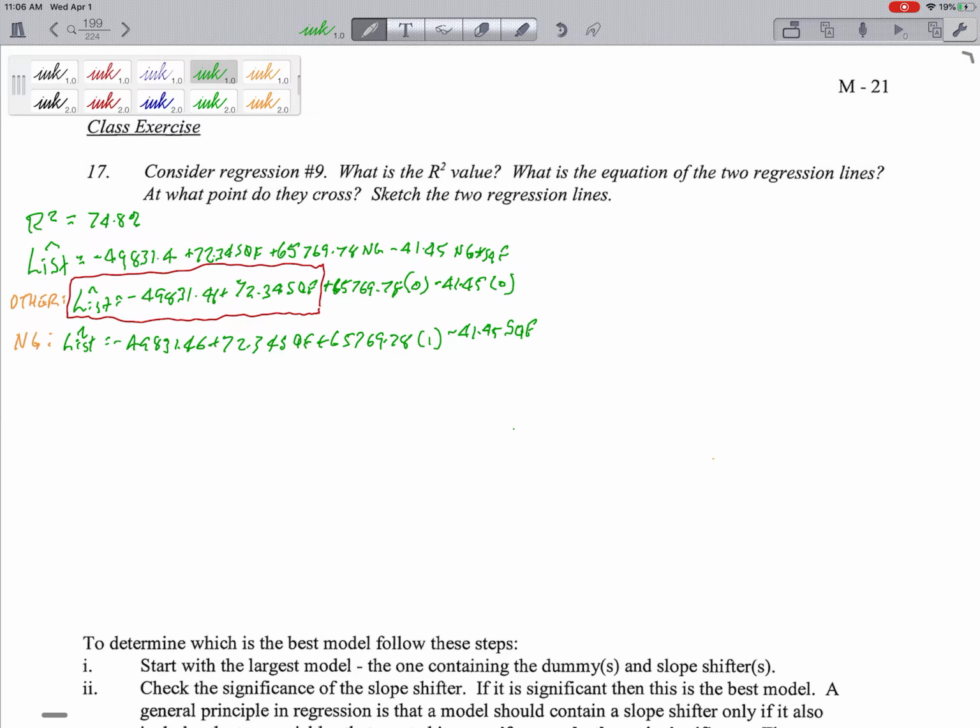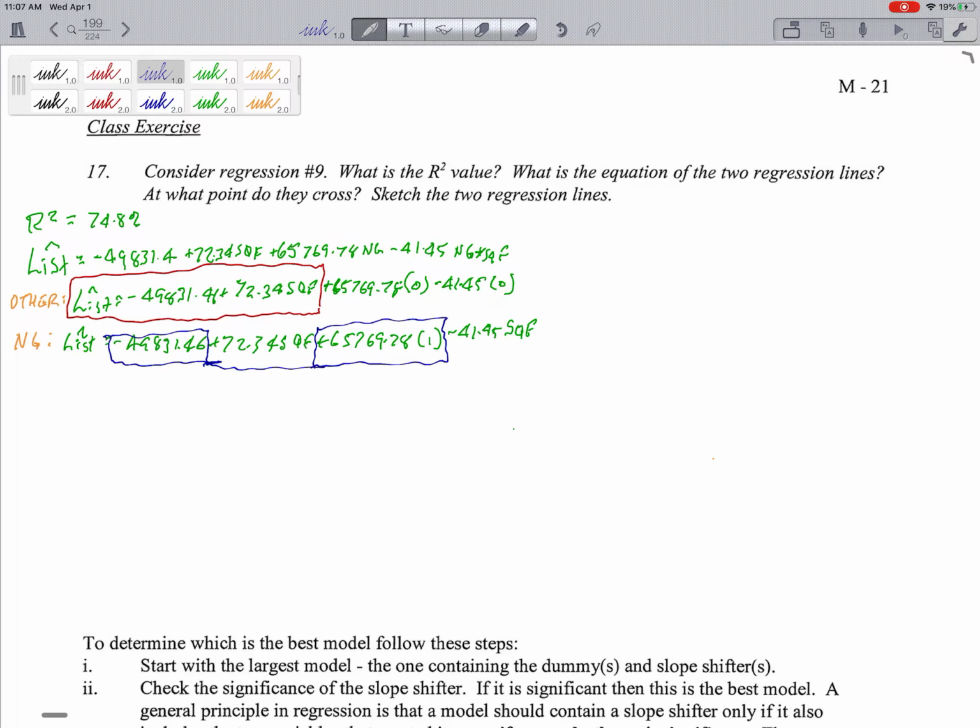Remember that the slope shifter variable takes on values of either 0 or SQF, depending on what the dummy variable is. What we can do now is collect terms. Here are a couple of constants, which we can add together.